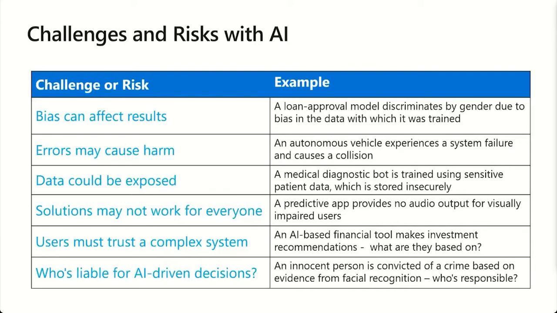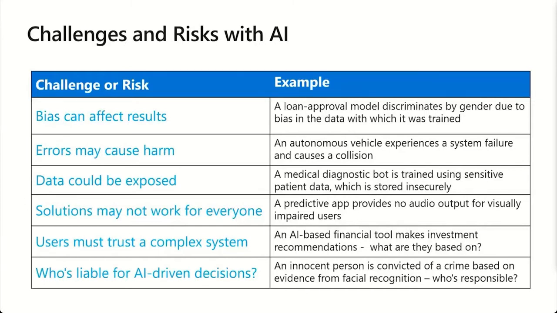Data could be exposed. Yes, because you should protect your data. The example here is that a medical diagnostic bot is trained using sensitive patient data, which is stored insecurely. That is a risk, right? A risk for personal data. And the fourth one, solutions may not work for everyone.